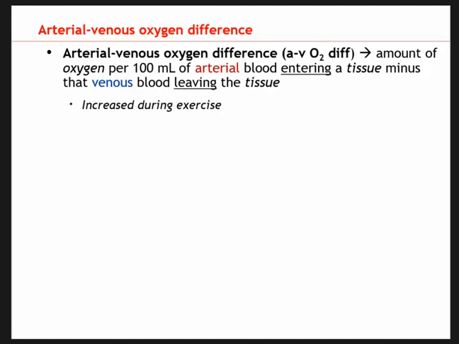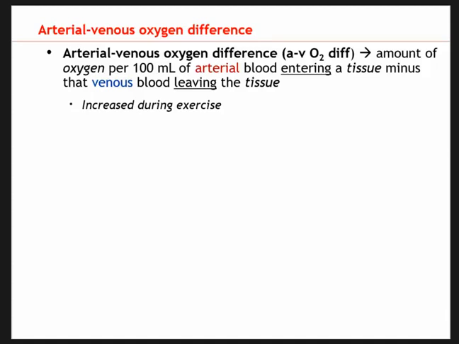And that's talking about the difference. The difference increases because more oxygen is taken out of the blood by the active tissue. At rest, AVO2 difference is relatively stable. There's not a big difference. We'll look at the values in a second. But during exercise, the body's working harder, so it needs more oxygen.